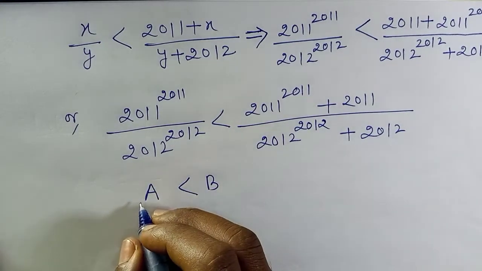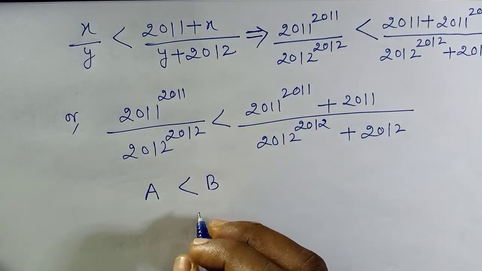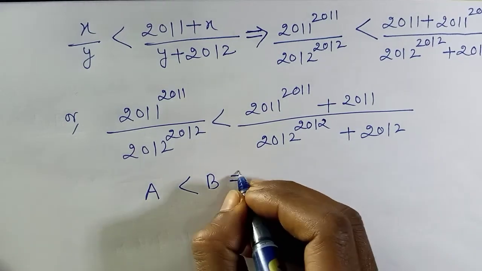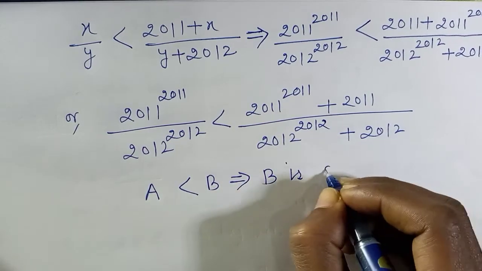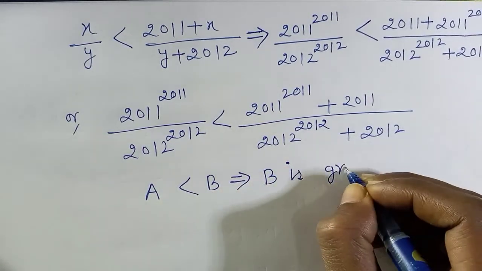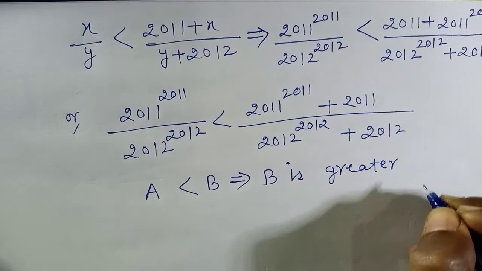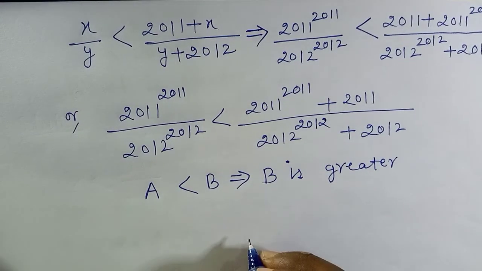And clearly we can see that A is less than B, so this means B is greater. And we are done.